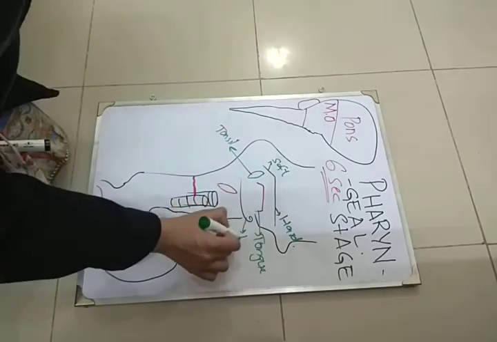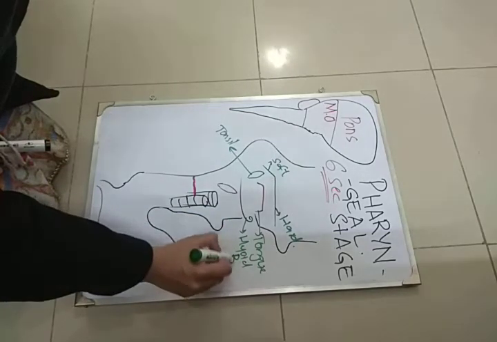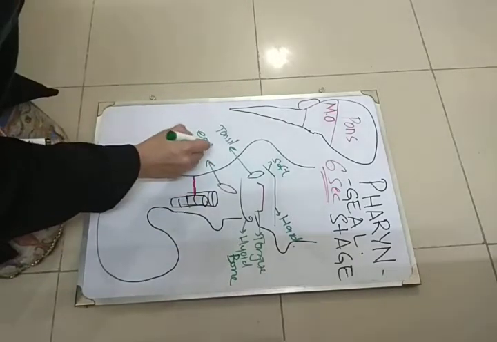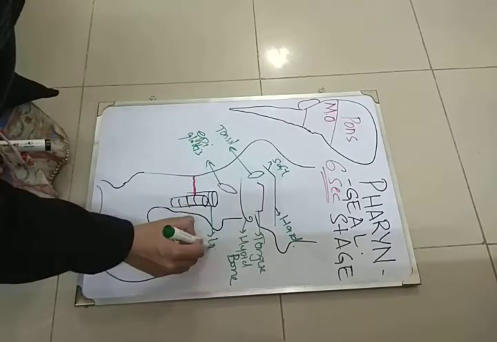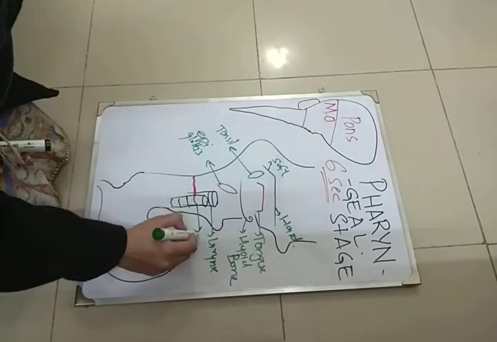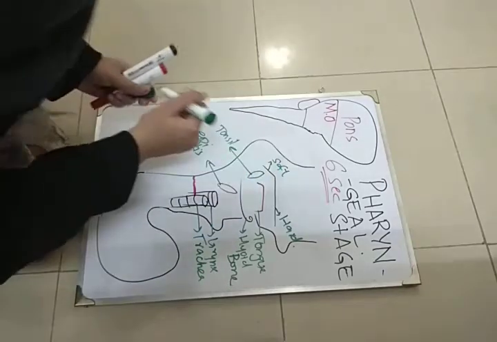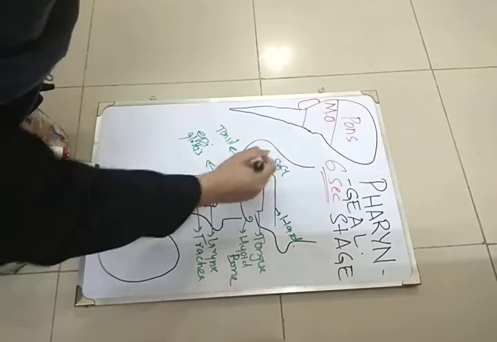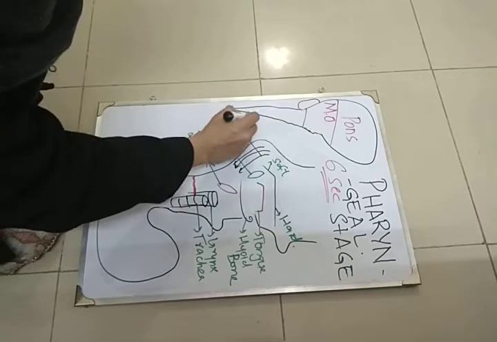Also, this is the hyoid bone, which is present beneath the tongue. This is the epiglottis. Also over here, this is the larynx, and this is the esophagus. Sorry, this is the trachea. And this muscular passageway is called the pharynx.